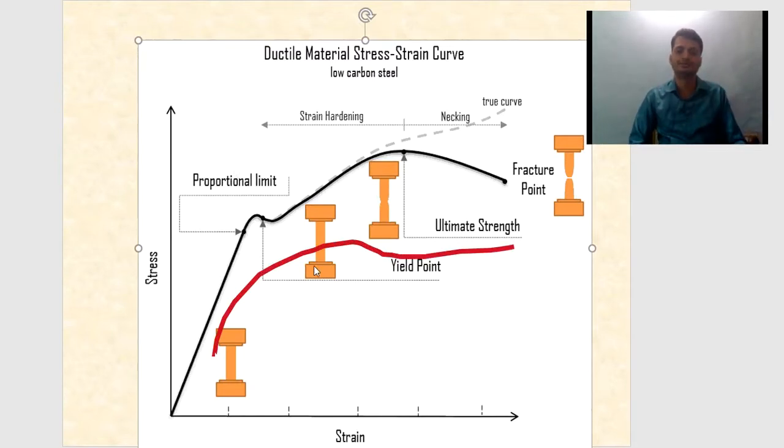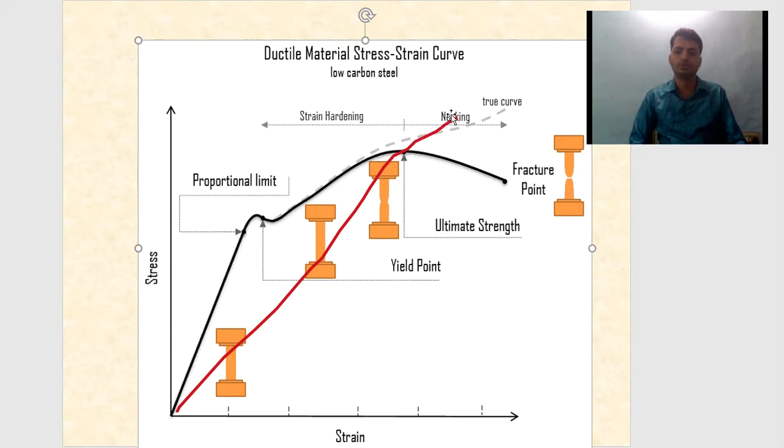So for gold we may get it like this, and there are some other materials, like the hardest materials. That hardest material may look like this also. So depending upon the material, you will get this curve.